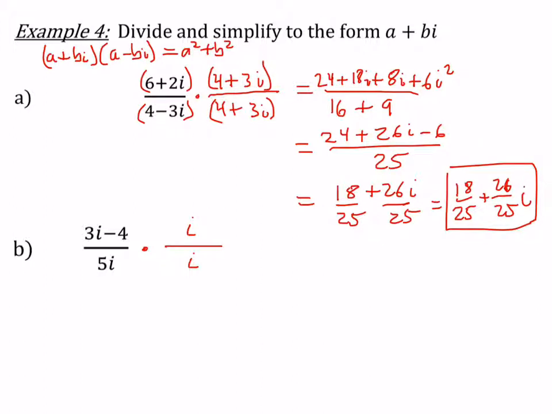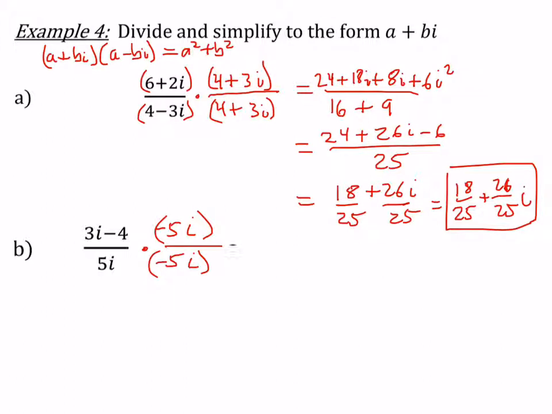In the end, you'll get the same thing. Now, if you want to be consistent, multiply by the conjugate, negative 5i. Well, let's be consistent here. Let's multiply by negative 5i. And we'll see in the end that it comes out to be the same as if we just multiply by i.